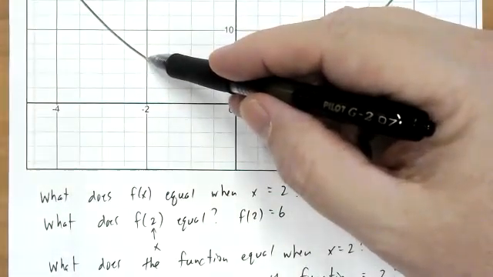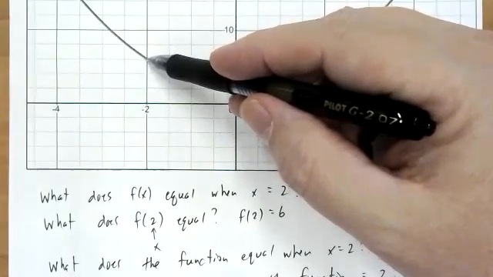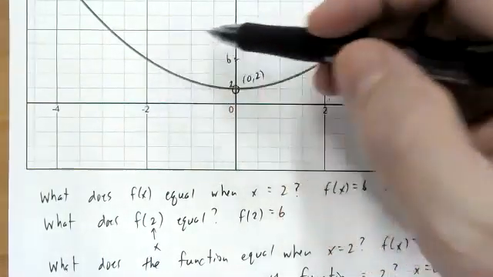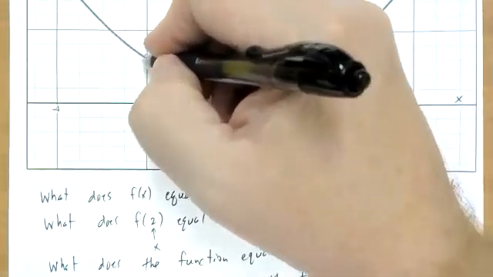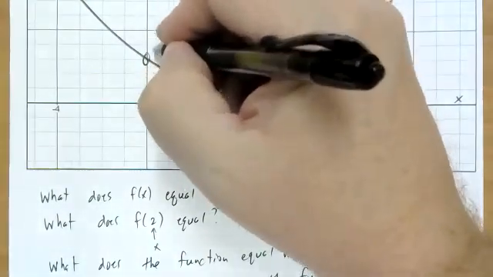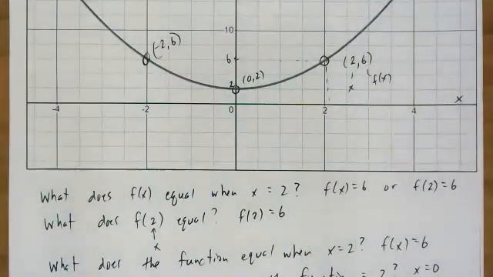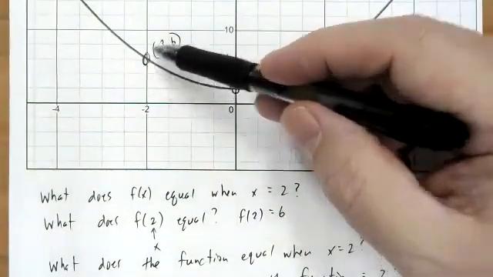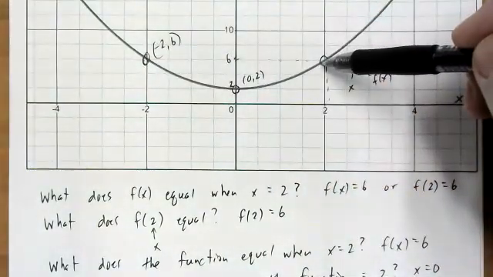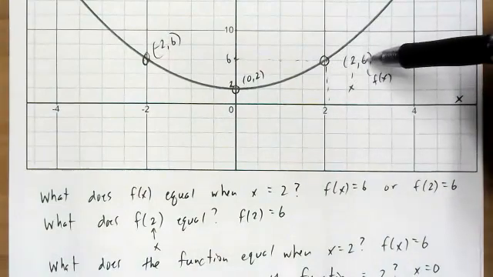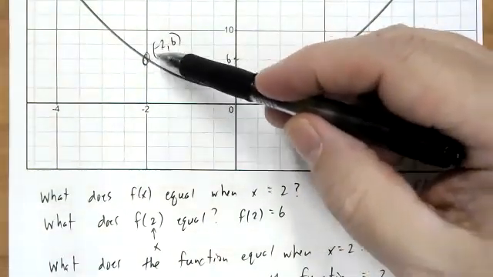Because right here, at this point on the graph, the function is also 6. Turns out x is -2. So this point here is -2, 6. So something interesting has happened. There are actually 2 points on this graph where the function equals 6, right? 2, 6, the function is 6 over here, -2, 6.